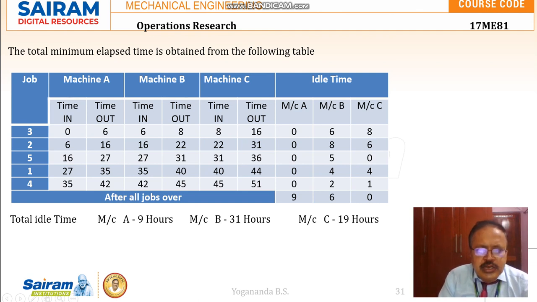The total idle time on machine A, summing all of this vertically, is 9 hours. Machine B, summation of all this, is 31 hours. Summation of column 3, that is machine C, is 19 hours. The total processing time is 51 hours to complete all the 5 jobs on all the 3 machines.